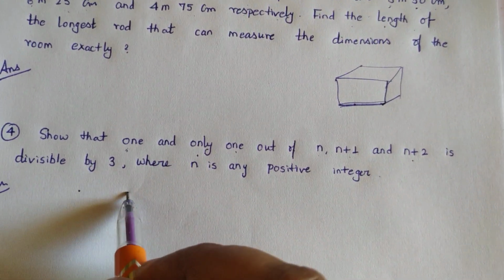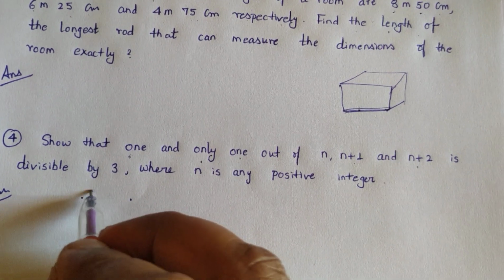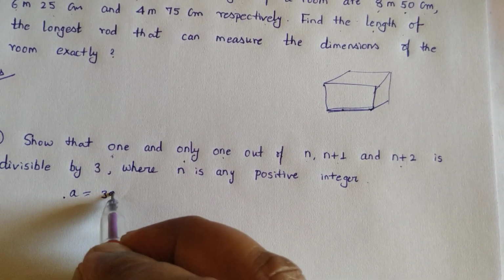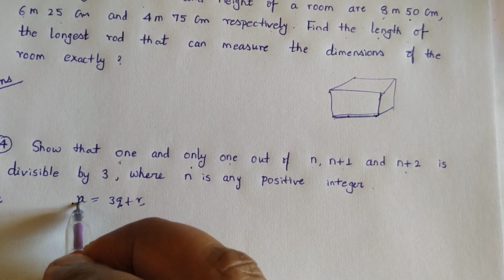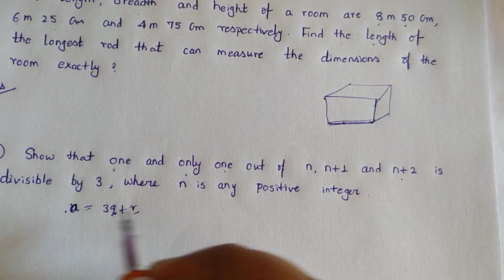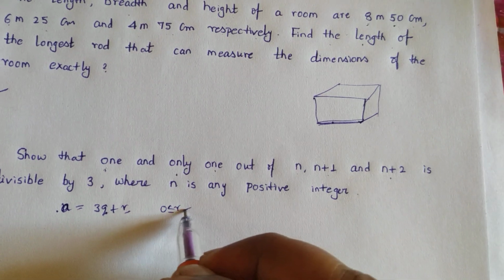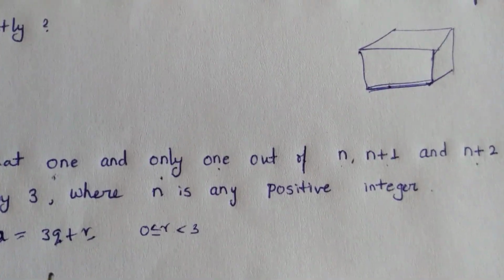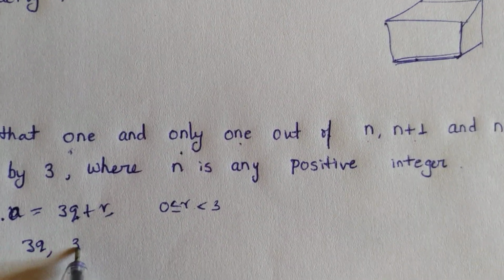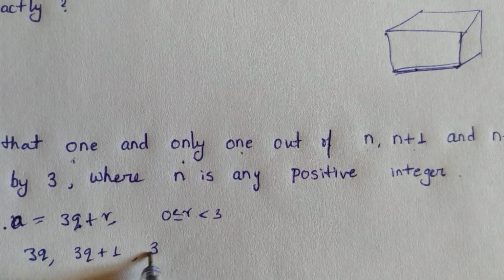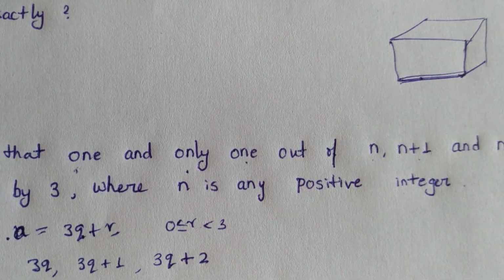Let a be any positive integer and we assume that a is equal to 3q plus r, where r is greater than or equal to 0 and less than 3. Now possible forms of a are 3q, 3q plus 1 or 3q plus 2.